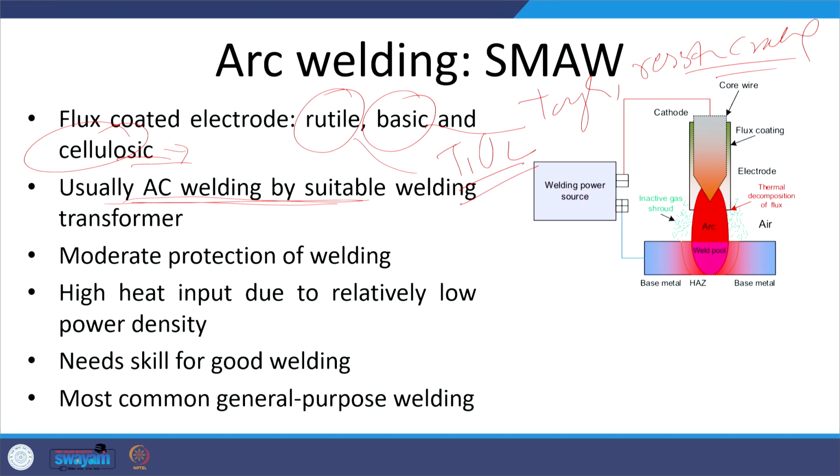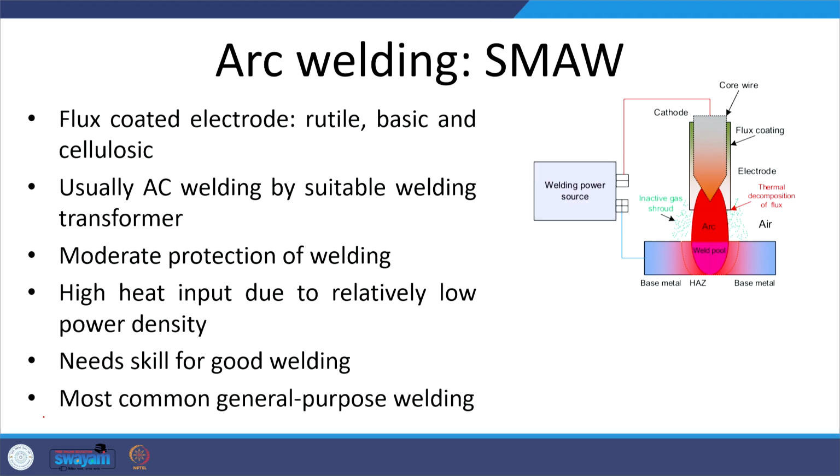applications. Since the protection in the SMAW process is provided by the thermal decomposition of the flux, producing CO2 and CO kind of inactive gases around the weld pool, but this shroud or cover of inactive gases is very weak, the protection provided to the molten metal during the SMAW process is moderate.